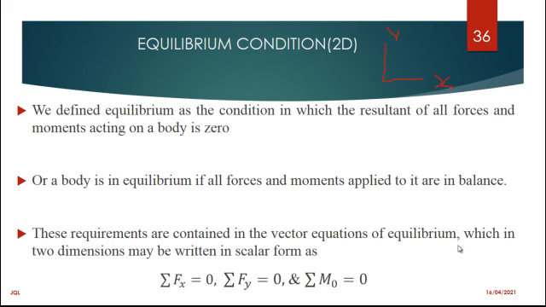So that is the summation of forces in the x, summation of forces in the y, and the moments about any specific point, in this case it can be O, which will be the center, supposed to equal 0. That is the condition that we always apply when we are calculating our problems.